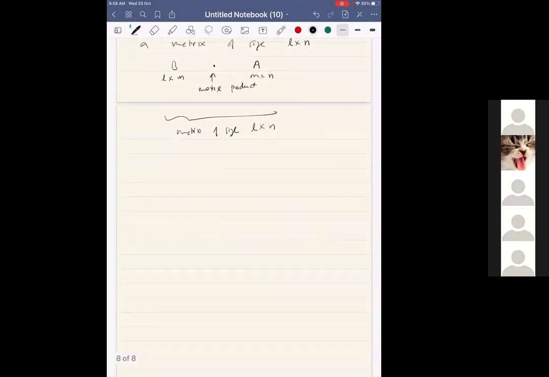So let's check that. B hat A hat acting on E_i is B hat acting on A hat E_i, which is B hat of sum A_ji E_j prime, which by linearity of B hat is sum A_ji B hat E_j prime.